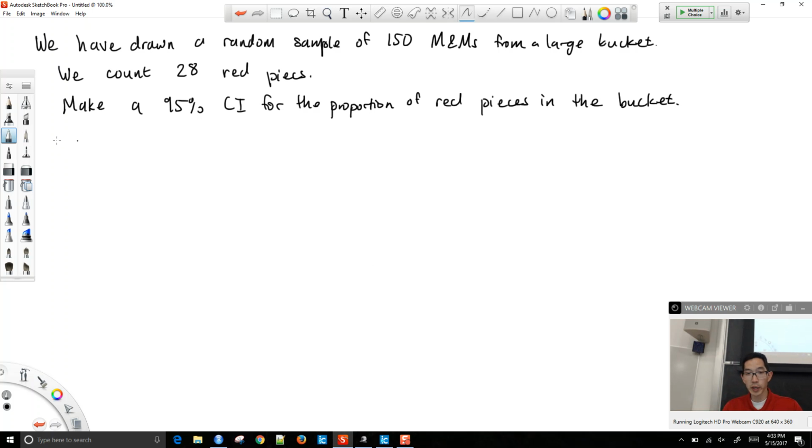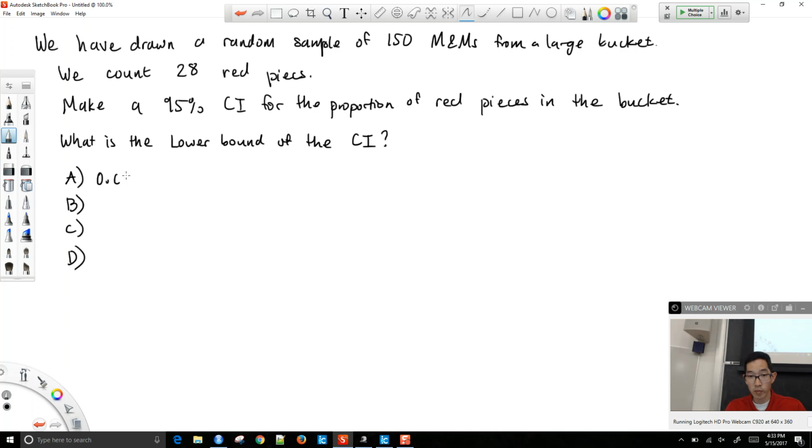And we're going to have a clicker question here. What is the lower bound of the confidence interval? Here are some answer choices. You can go ahead and try this out.